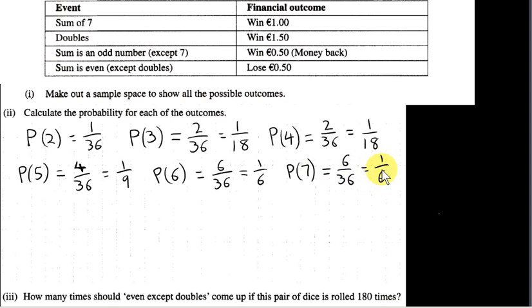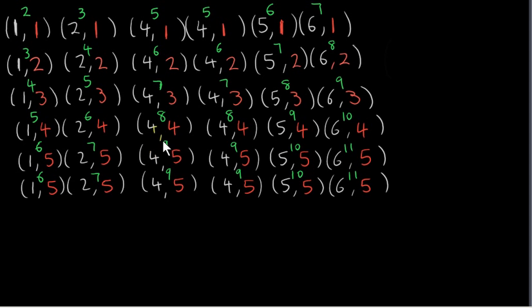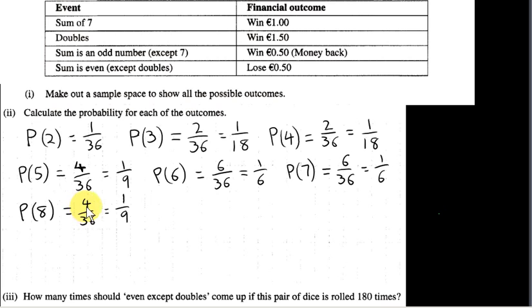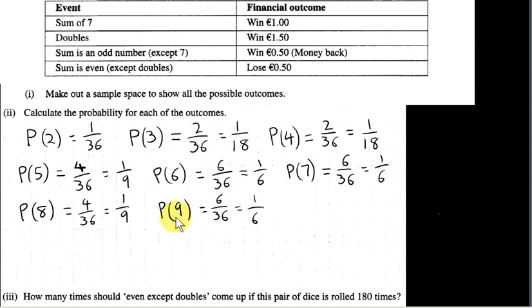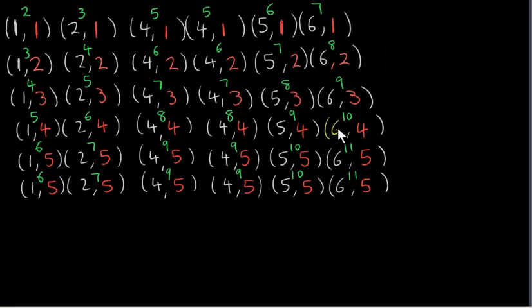So the probability of getting a 7 is 1/6. How many 8s do we have? We've 1, 2, 3, 4. So the probability of getting an 8 is 1/9. If we count the 9s, we have 6 of them. So the probability of getting a 9 is 1/6. We have 3 10s. And we have 2 11s.